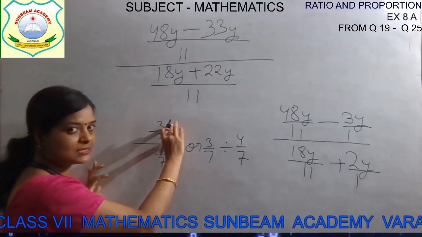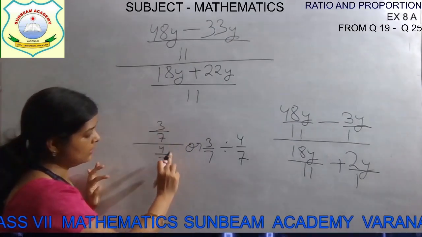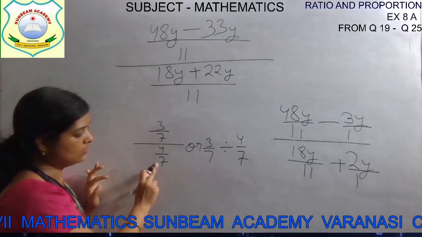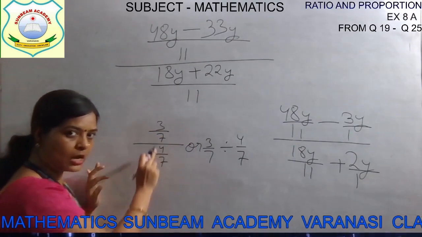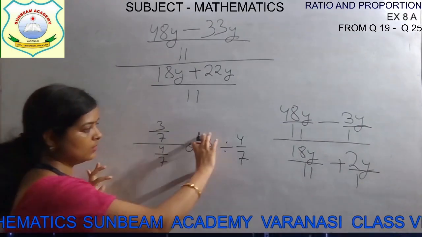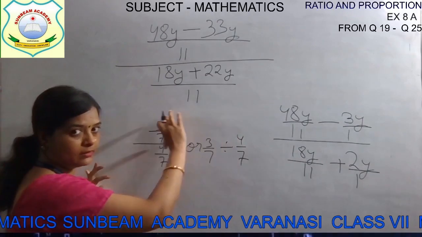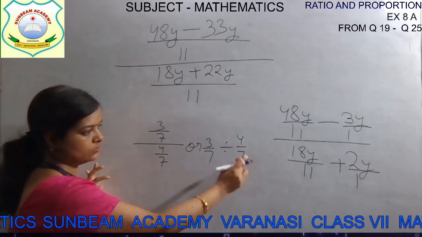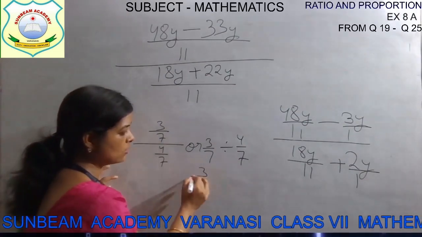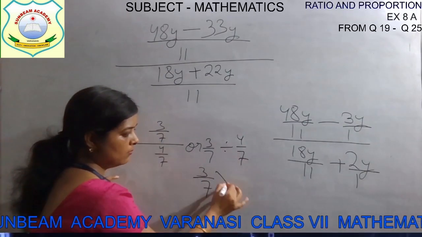See, this is 3 by 7, denominator 7, divided by 4 by 7, again denominator 7. Denominators are the same. So how do 7 and 7 get cancelled? I am explaining. 3 by 7 divided by 4 by 7. Now how will you solve?